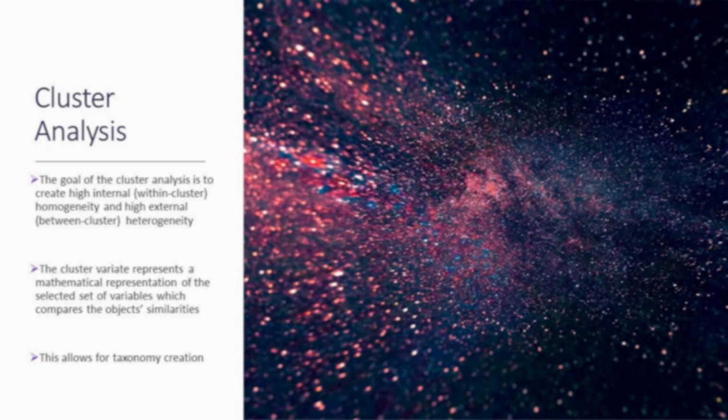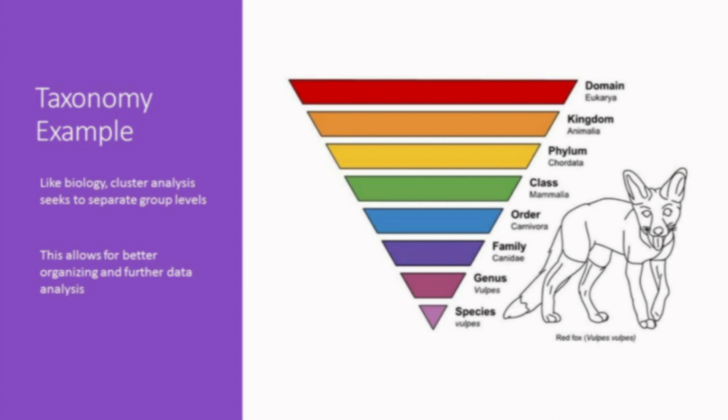Let's keep going. So what we can see here, like biology, cluster analysis seeks to separate group levels. It allows for better organization and further data analysis. Yes, once you've run a cluster analysis, particularly a two-step cluster analysis, you're able to create a new cluster variate. And so you can start running analyses with these clusters.